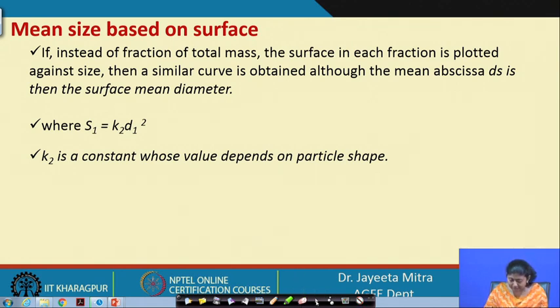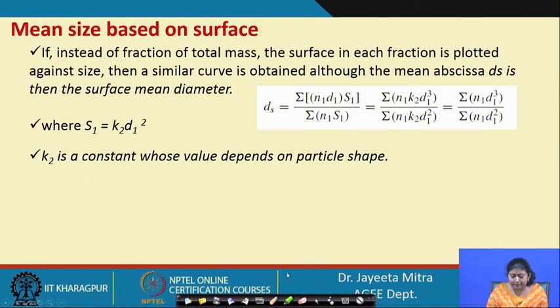Now, what will be the expression for that? ds equals summation n1 d1 s1 divided by summation n1 s1. That is equal to summation n1 k2 d1 cube divided by summation n1 k2 d1 square, because S1 is the surface area, which is proportional to the square of the linear dimension. So, we write k2 d1 square, multiplied with d1 gives d1 cube, divided by n1 into S1, the surface area of all the particles.